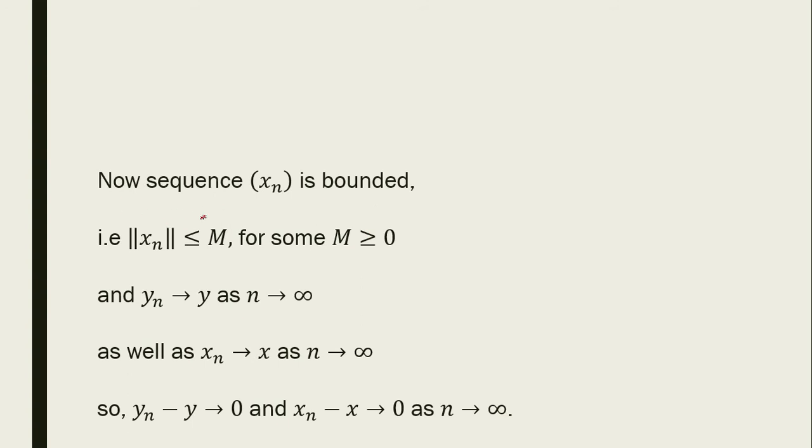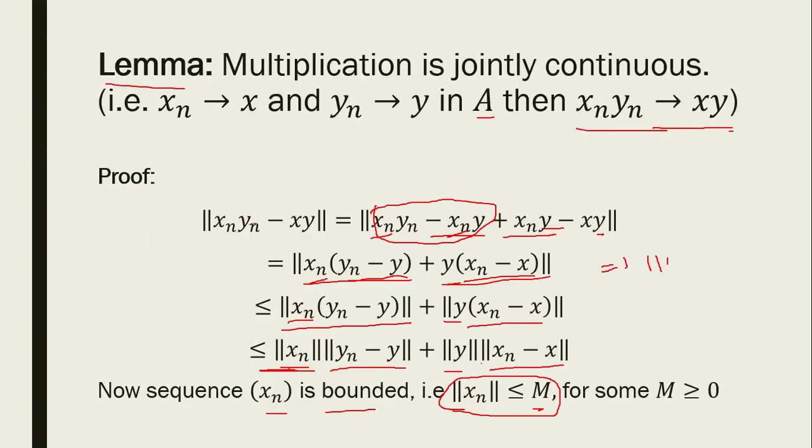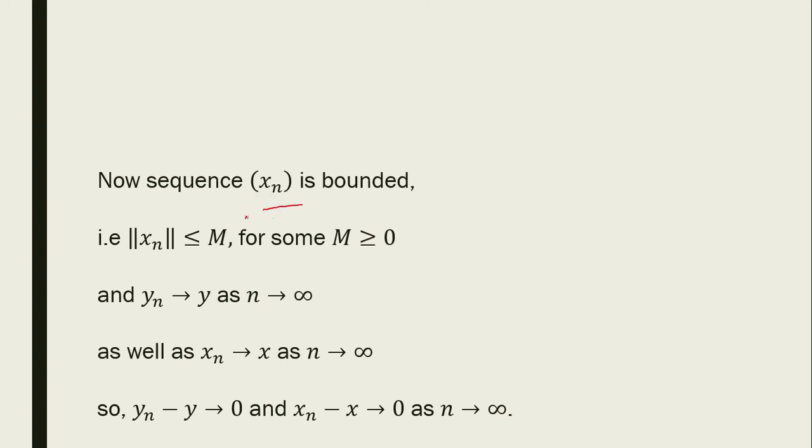And yn tends to y as n tends to infinity, as well as xn tends to x as n tends to infinity. So yn minus y tends to 0 and xn minus x tends to 0 as n tends to infinity.